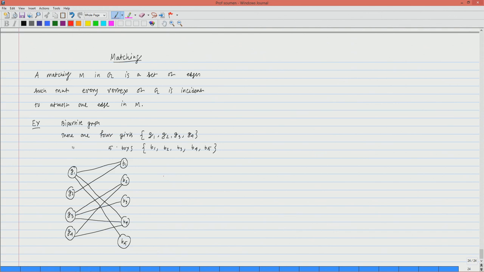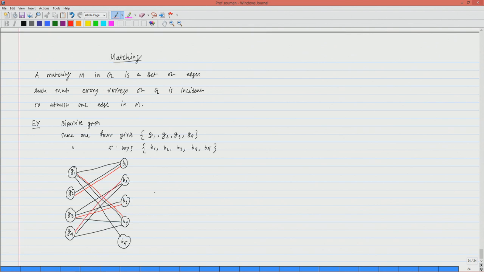One matching could be G1 B4, so G1 is matched with boy 4, and G2 is matched with boy 1, and G3 is matched with boy 3, and G4 is matched with boy 2.